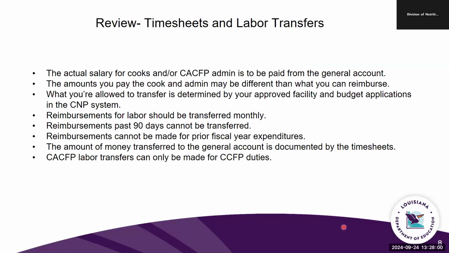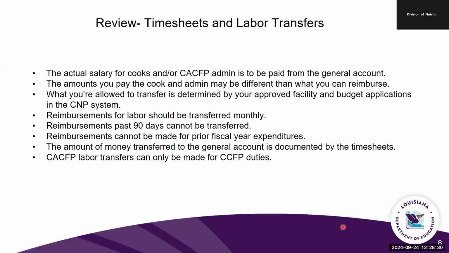So let's review. The actual salary for the cooks and the admin is to be paid from the general account. You're going to transfer those amounts to the general account and pay things from the general account, or if you're a larger operation or a nonprofit operation, they'll be paid from that line item account.